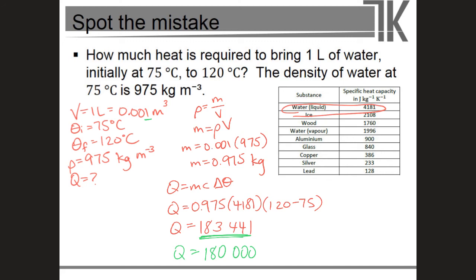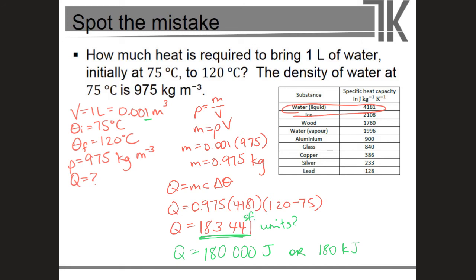And usually the second mistake that people spot is units, because we get so ingrained in thinking about the numbers. So we've got 180,000 joules, or we can say 180 kilojoules, and that solves 2 of our problems. We've got a sig fig problem there and a unit problem.